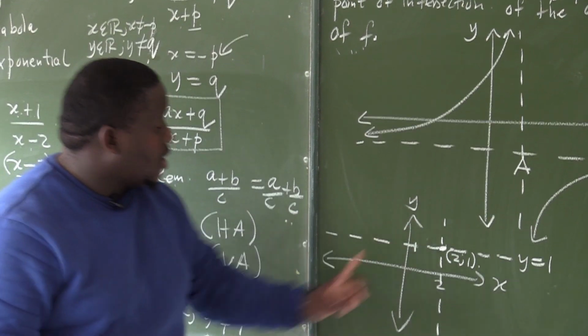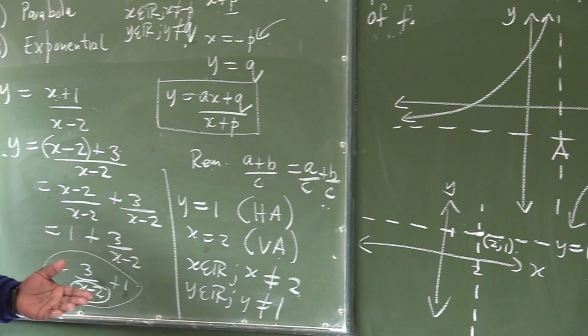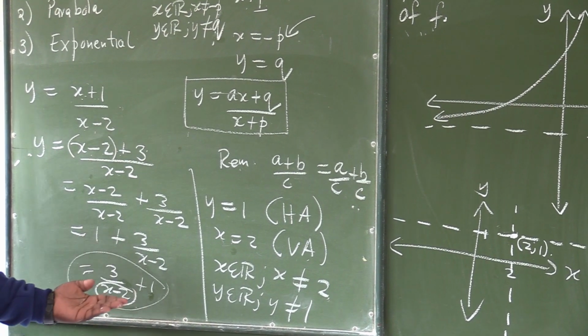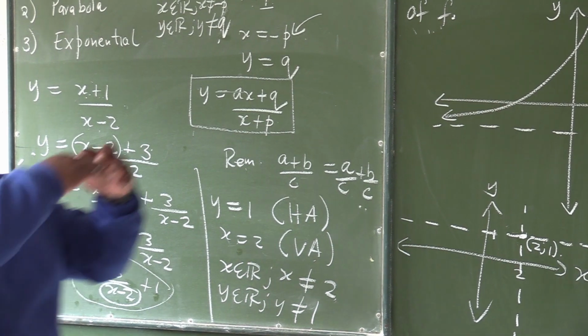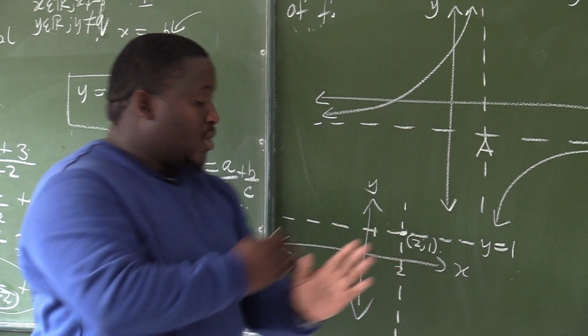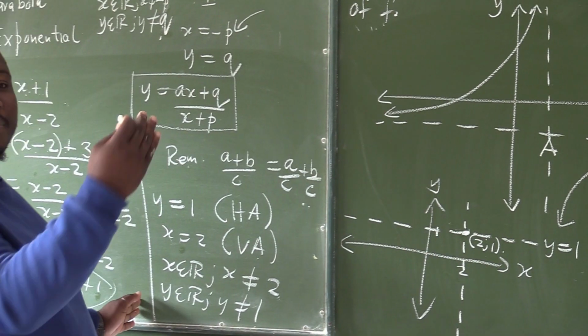A question may come up asking you to determine the coordinates of the x-intercepts. You have the equation. How do you find the coordinates of the x-intercept, no matter which type of graph you have? To find the x-intercept, we make y 0. To find the y-intercept, we make x 0.